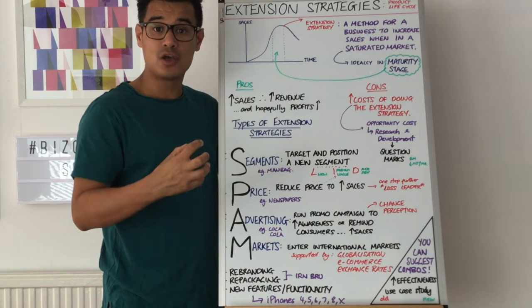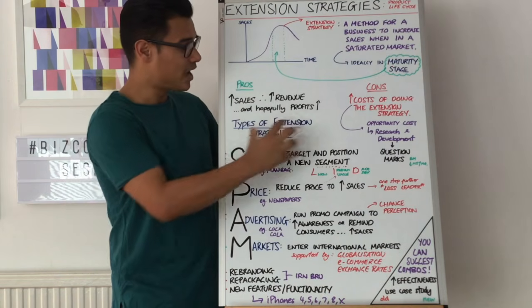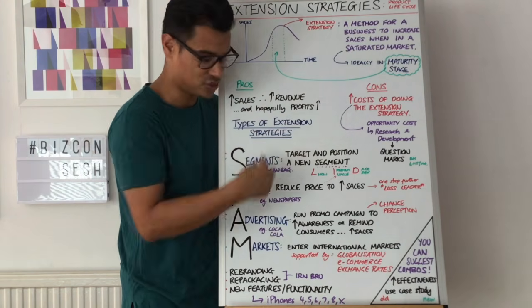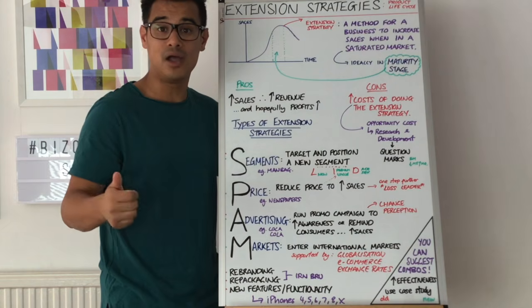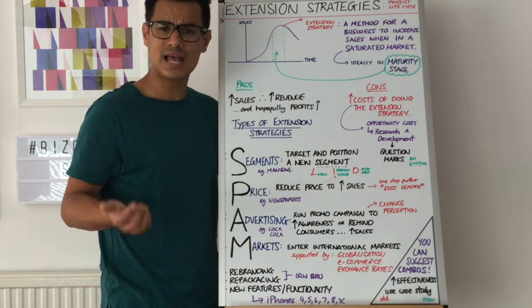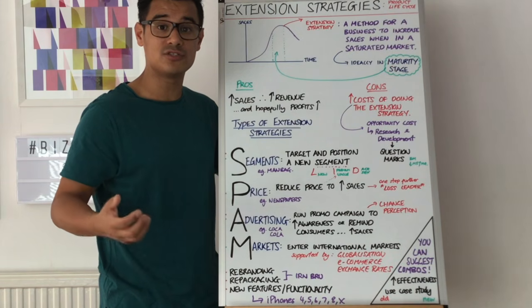The key thing is, when you are arguing for your extension strategies, you want your sales and your revenues to be exceeding the costs of doing whatever it is the extension strategy is. So you need to bear that in mind. The information may well be given to you in the case study, but if it's not, be savvy and consider it. Some things are going to be really expensive to do.